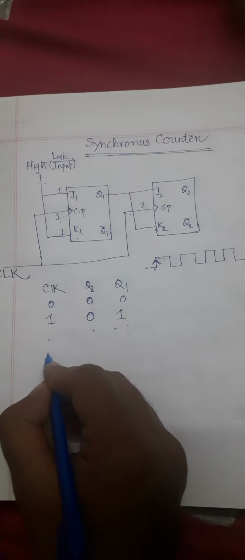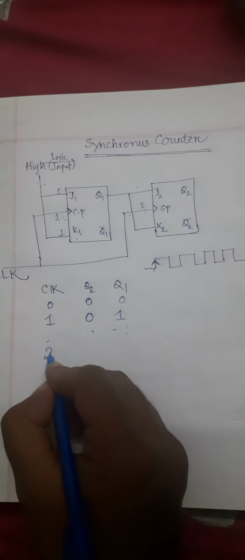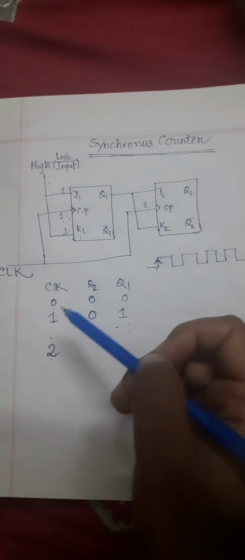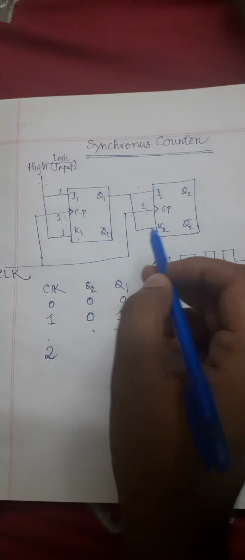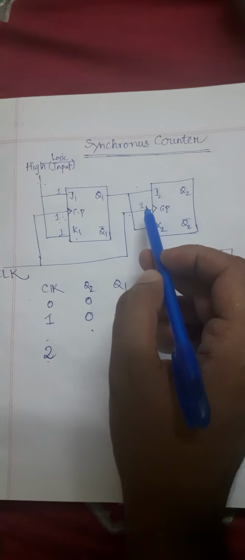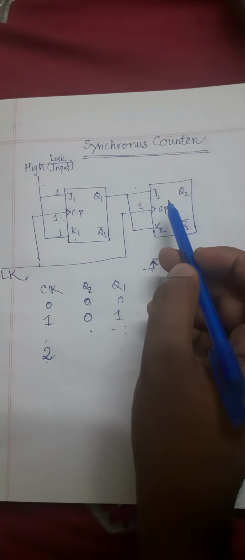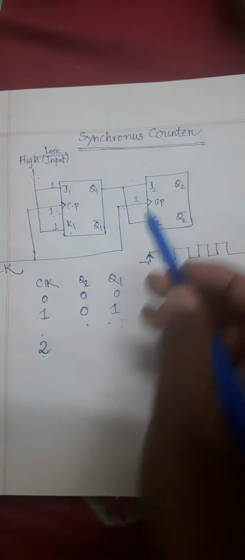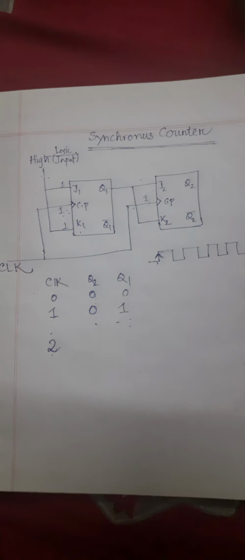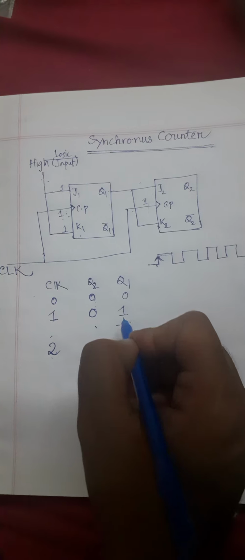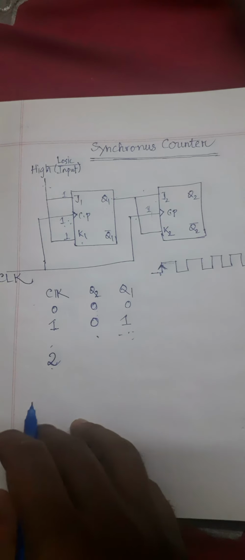What will happen in the second clock cycle? In between the first and the second clock cycle, this value of Q1 now holds a value of 1, Q2 is 0.